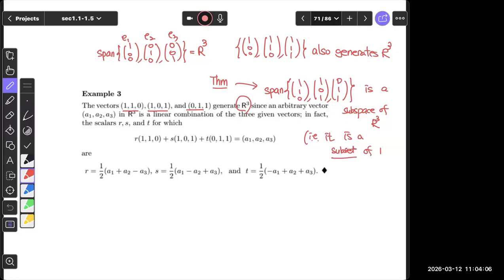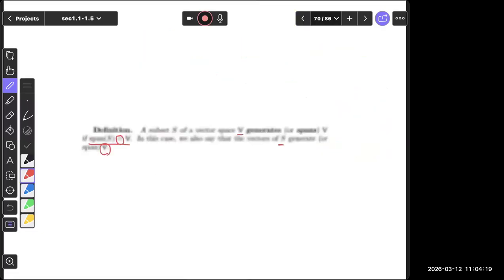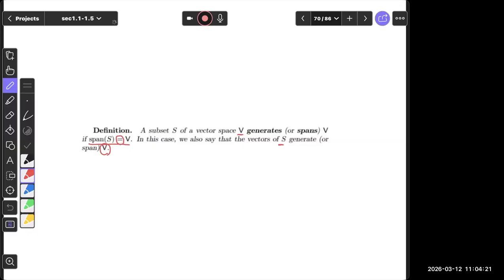That span is a subset of R3 space. In order to show that two sets are equal, the definition says the span of S equals V, which means the span of S is a subset of V and V is a subset of the span.